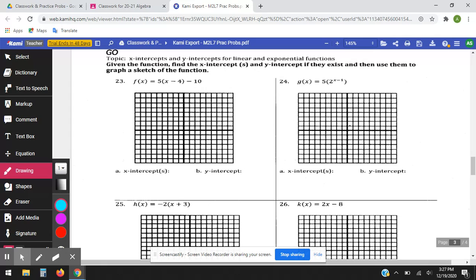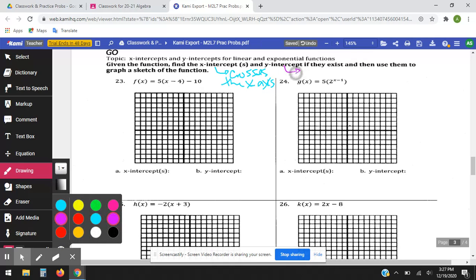The x-intercept, in case you don't remember, is where it crosses the x-axis. The y-intercept crosses the y-axis.